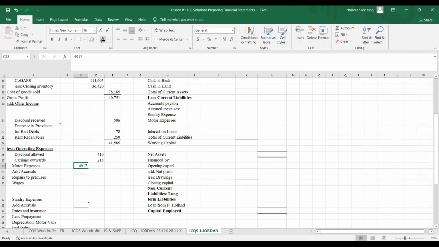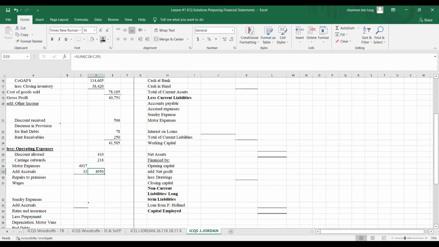All right, so motor expenses, 49.17, add accruals, which is what was owing, which is 33, which should give us a total of 49.50. All right, so very good, Alima. I'm seeing your answer as well. So 49.50 is our total motor expenses for the period.